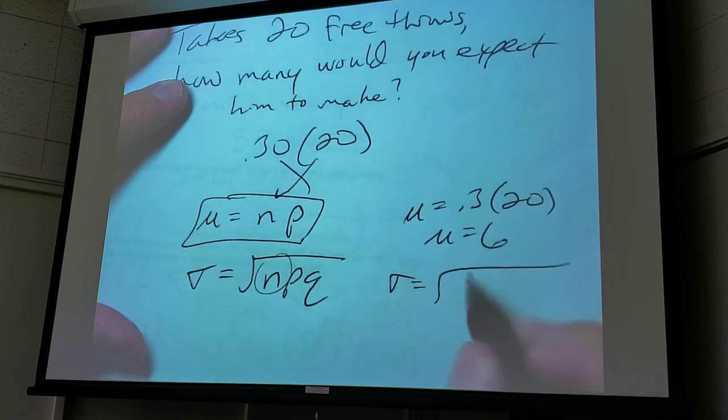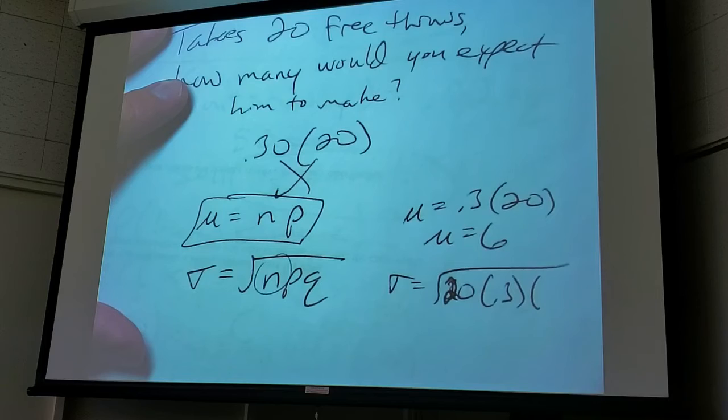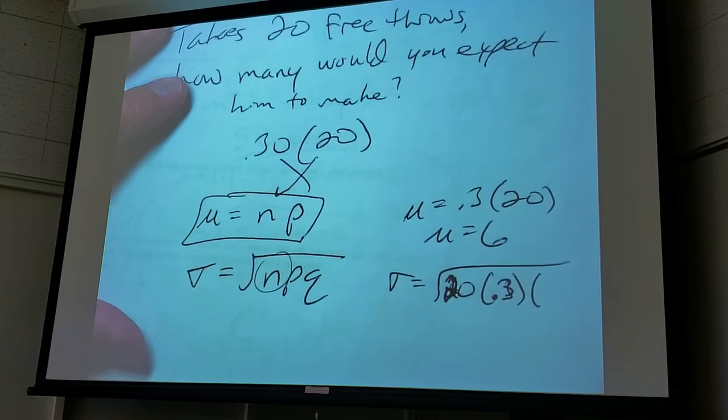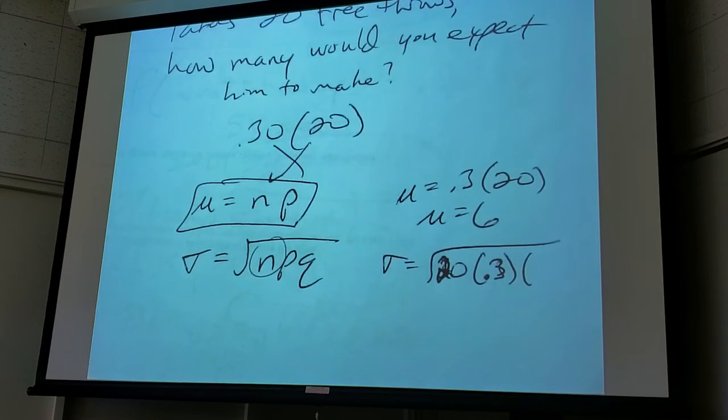So it's n, 20, times p, 0.3. And what's q? If p is 30%, 0.3, q has to be 0.7.